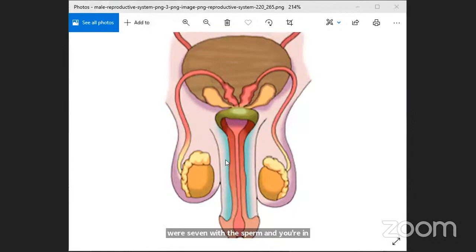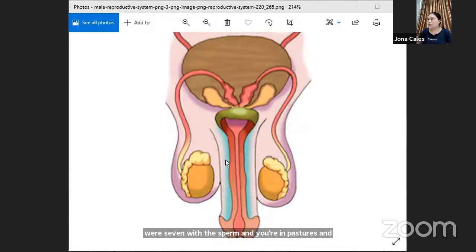And then you also have the scrotum, which covers the testicles or testes. The testes can be spelled as T-E-S-T-E-S or T-E-S-T-I-S. So that's the same thing. Or testicles, better.